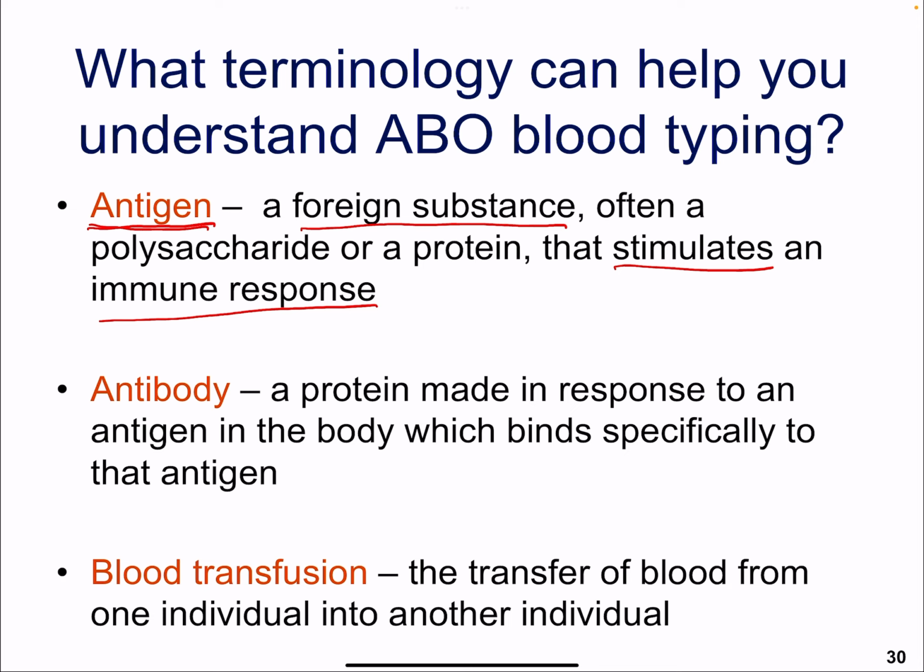As these bacteria come into your body, your body is going to develop an immune response, and it's going to produce antibodies. Okay? It's going to produce antibodies to the antigen. And in fact, let me tell you that antigen stands for antibody generator.